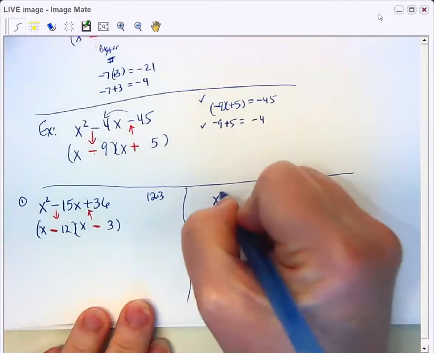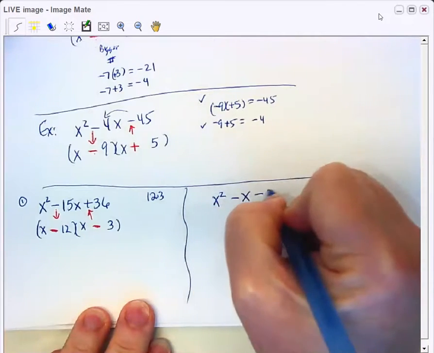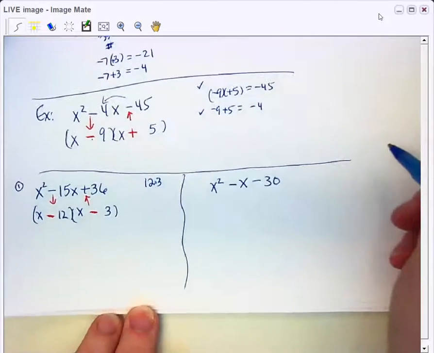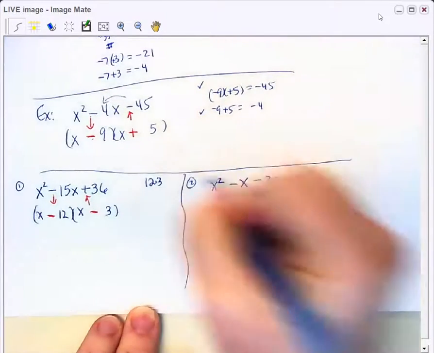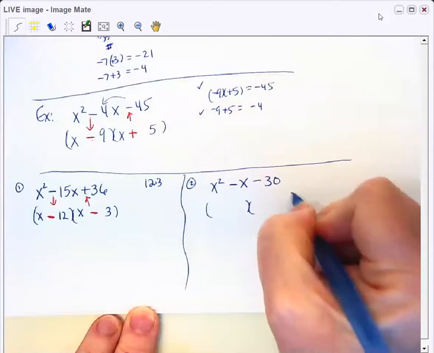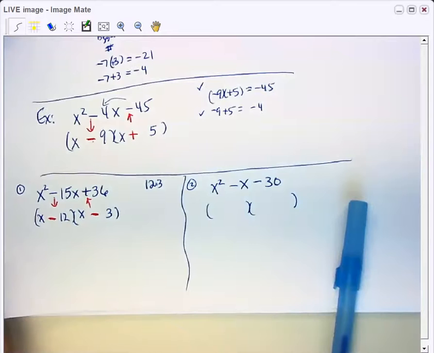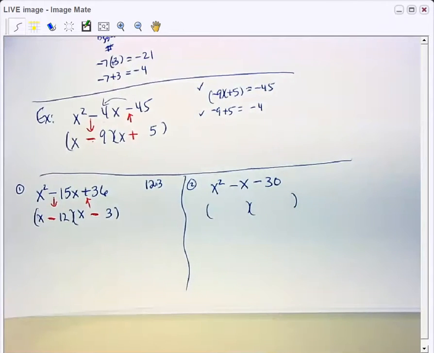x squared minus x minus 30. What's really important here is to remember, what is that number in front of x that you don't see? Anyone? Good.